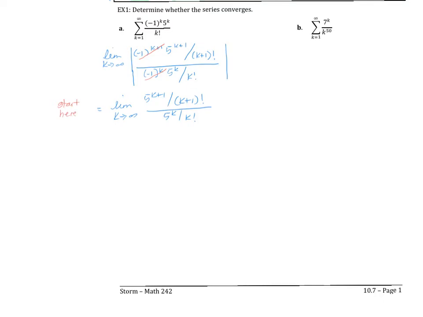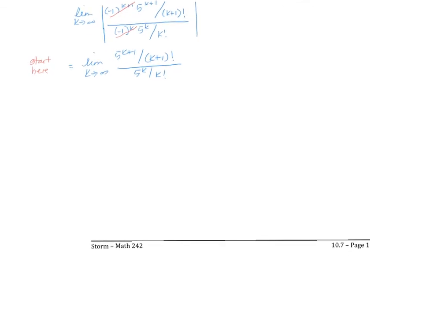Well, let's look at this. If k goes to infinity, I have infinity over infinity over infinity. This is just ridiculous. So I'm going to algebraically rewrite this. Get rid of the complex fraction by taking the numerator divided by the reciprocal of the denominator to get 5 to the k plus 1 over k plus 1 factorial times reciprocal would be k factorial over 5 to the k.